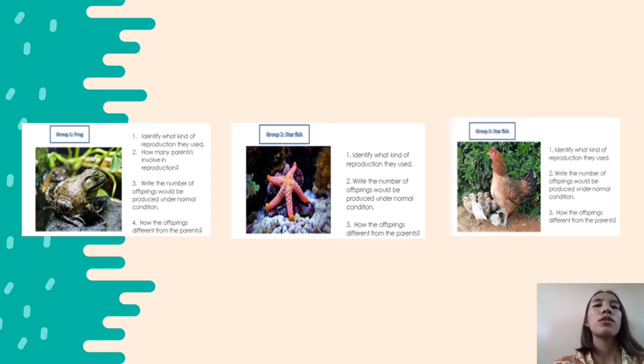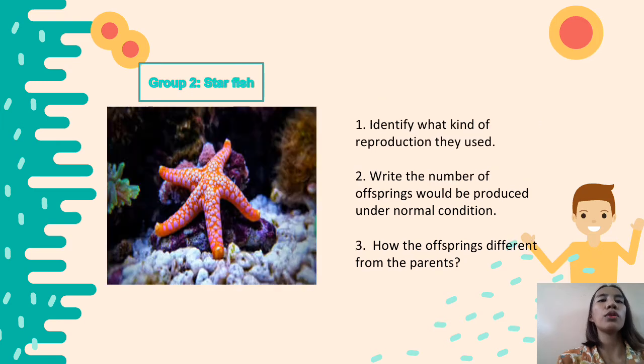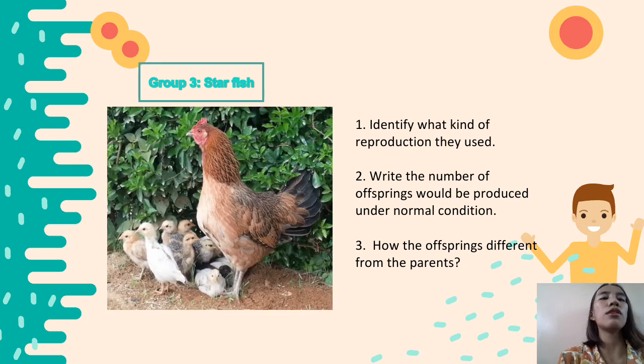Okay? So, all members of group 1, this is your task. And then I will send it to you. For group 2, this is your task. And for group 3, this is your task. You need to answer the questions.